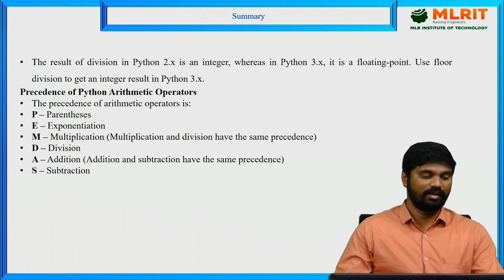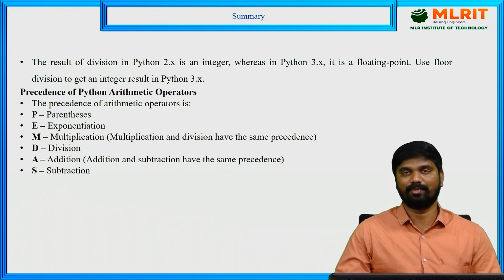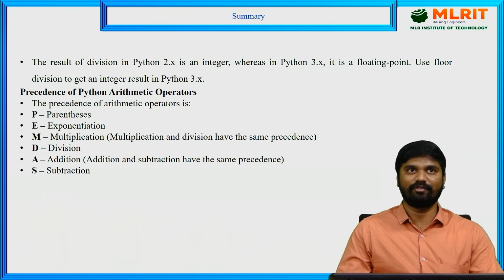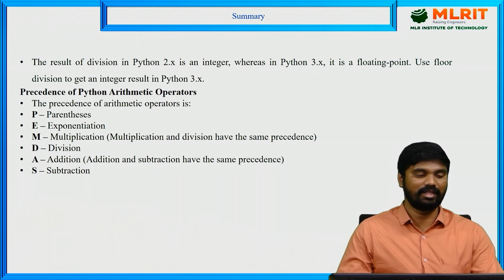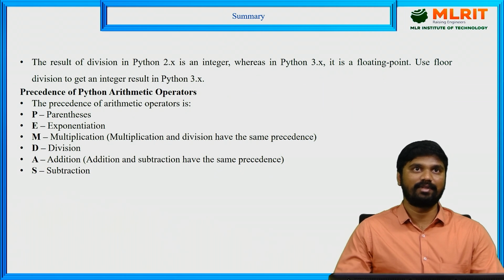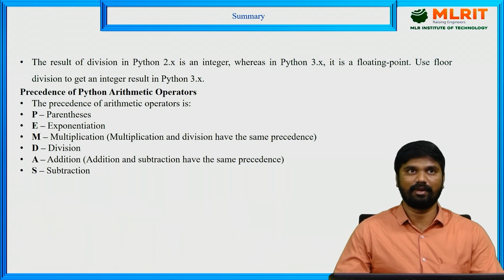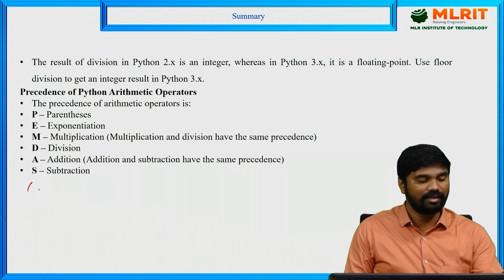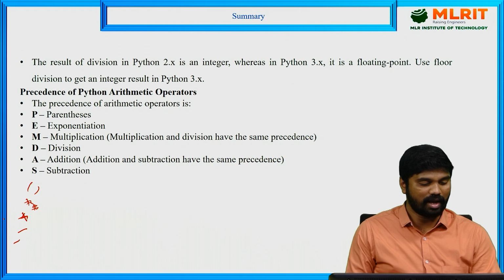Right. Next here we have some precedences. Precedency means the priority of arithmetic operators. We have a lot of arithmetic operators, as we have seen with programmatic examples. Precedency means the priority of operators. The priorities are: first parenthesis, next the exponent operator, then the multiplication operator, then the division operator, addition operator, and subtraction operator.